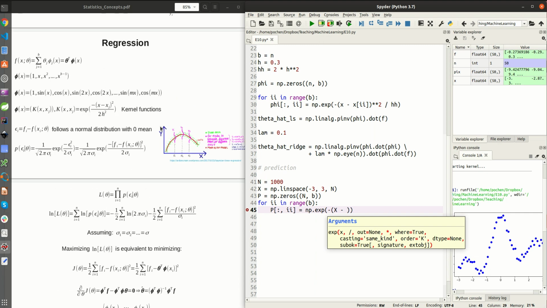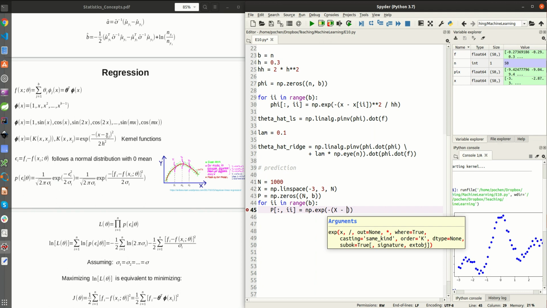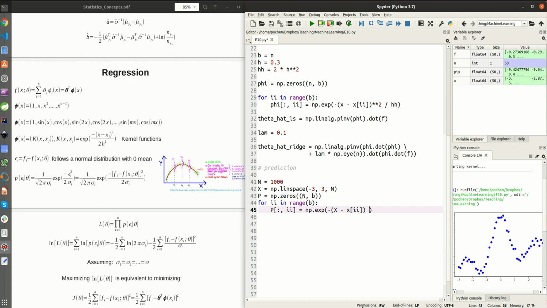For a different basis function, it's just gonna be a different location inside of the training data, right? So it's gonna be small x i, right? And then this whole thing has to be squared, right? And then divided by h.